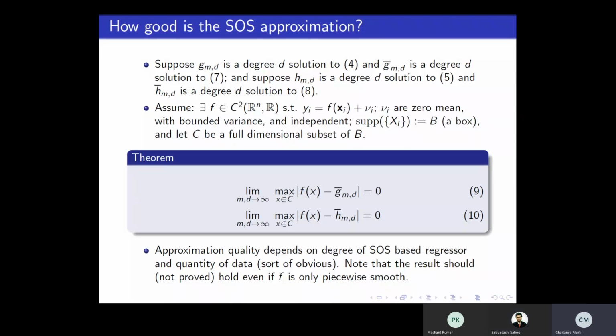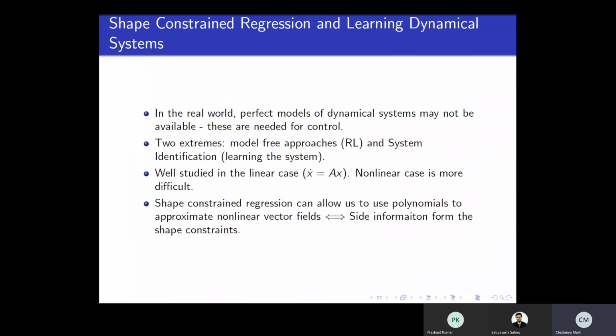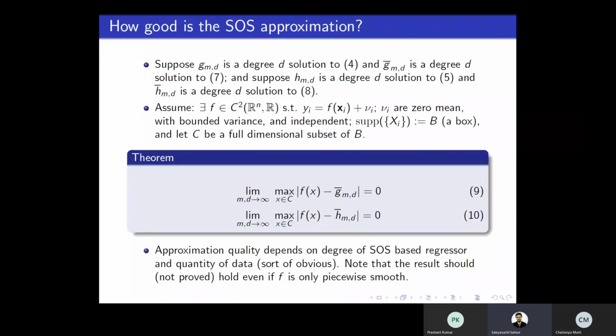Yeah. Okay. So it does not say anything about the generalization of the shape constrained polynomial answer, like the output. Yeah, no, this is the shape constrained polynomial answer. So this is the SOS relaxation.